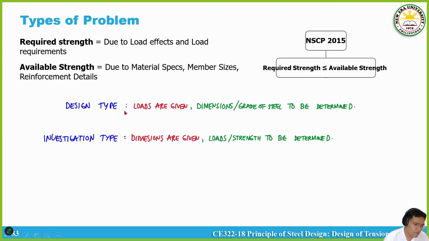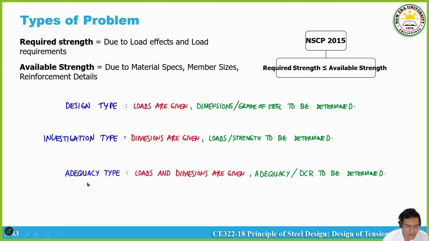And meron akong gusto ring i-share, ito yung last third type ng problem na binibigay ko and possibly ibigay sa board exam nyo, would be the adequacy type na problem. So dito, yung loads and dimensions are given. So ibig sabihin, ito yung loads mo and even yung dimensions ng mga materials mo and material properties, given yon.